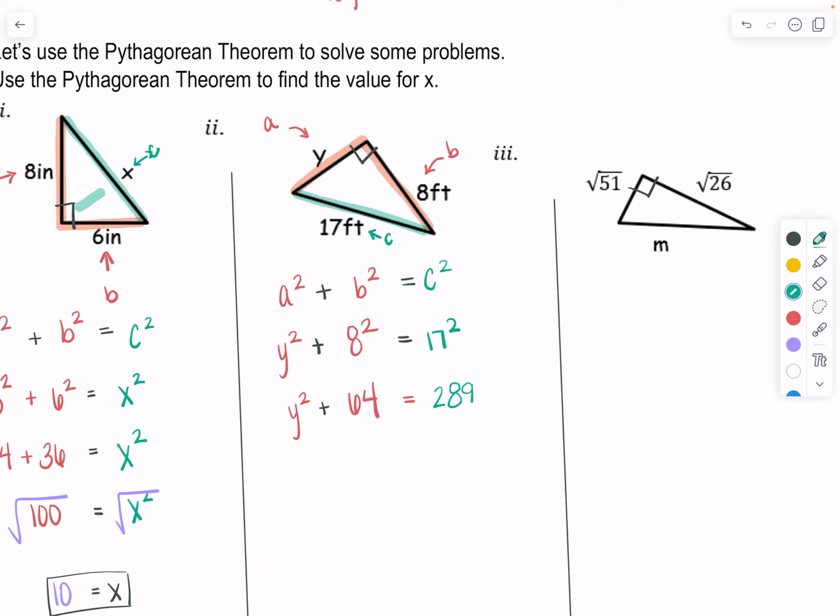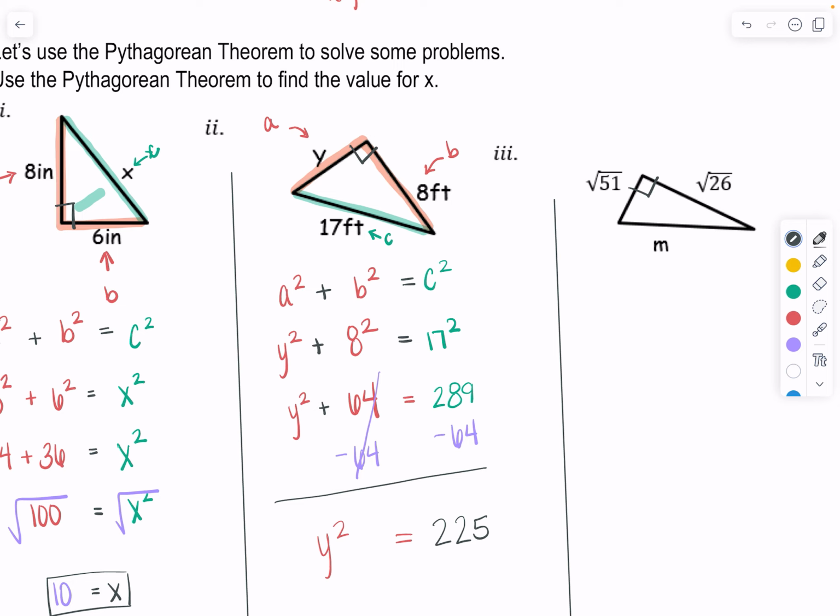So I'm going to take the 64 and move it to the other side. So subtract 64, subtract 64. Those will cancel and give me Y squared equals 289 minus 64 gives me 225.